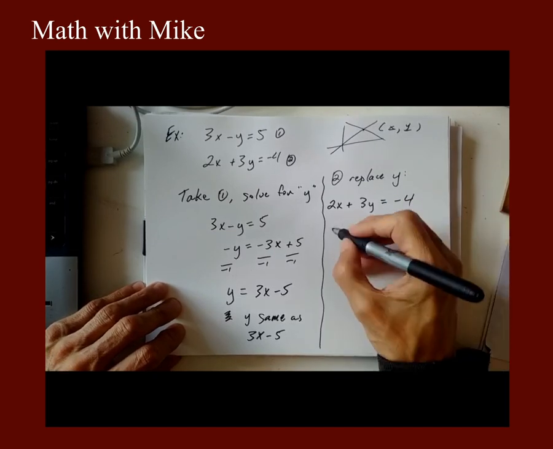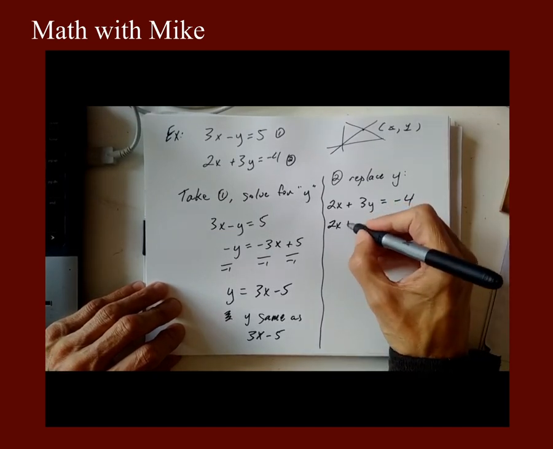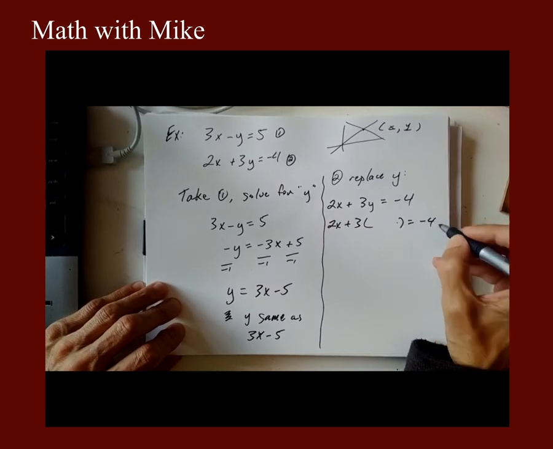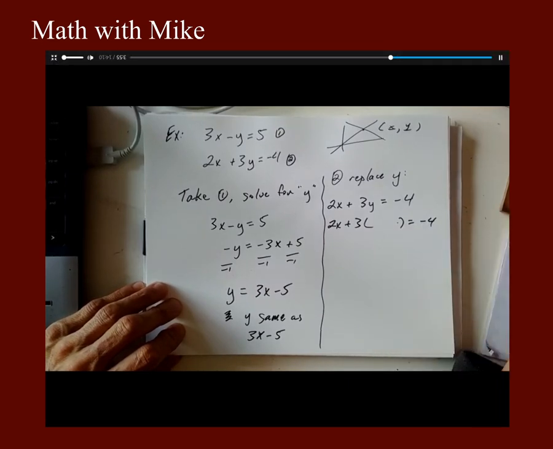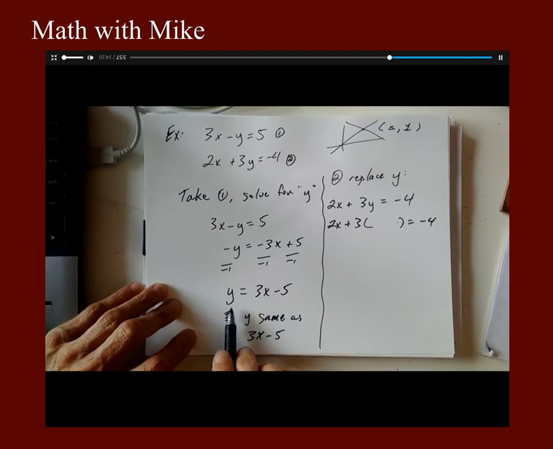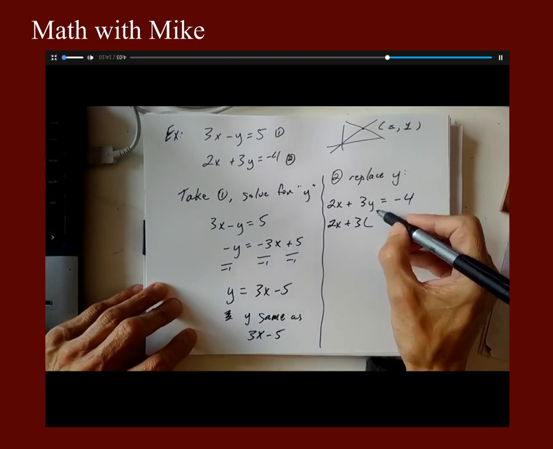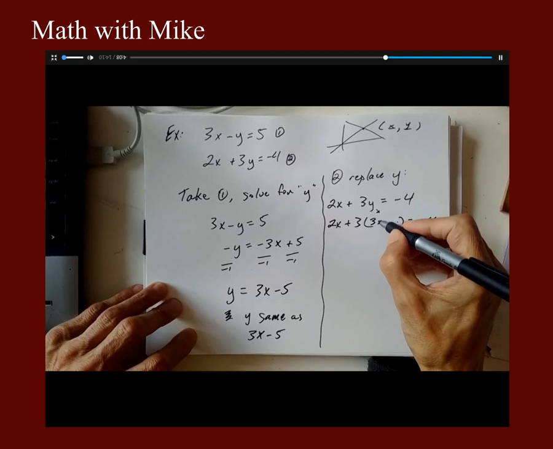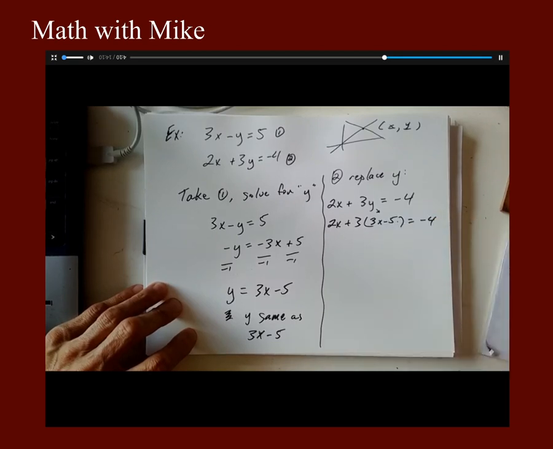And we're going to replace the y with something good so that we can solve this problem. And the something good is down here. y is the same thing as 3x minus 5. So this y is the same thing as 3x minus 5.